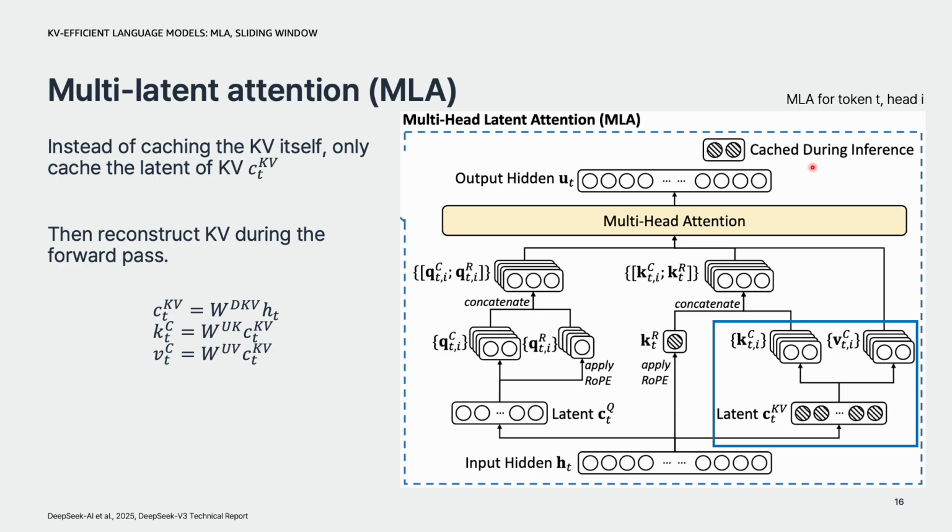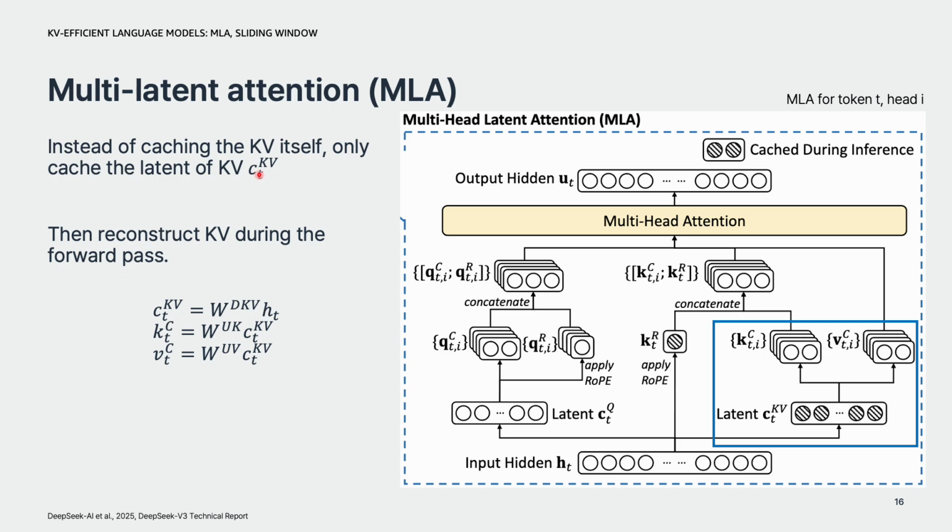So let's see more of it. This right figure is from the DeepSeek v3 paper, and it could be a lot at first glance, so it would be good to follow these colored boxes. The core idea of MLA is to cache the latent of KV, not the KV itself. The latent of KV is denoted by c_t^KV here. This dashed line means that it is cached during inference.